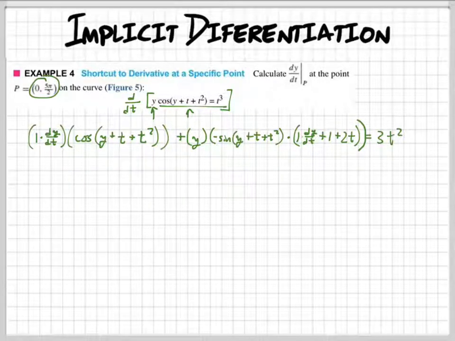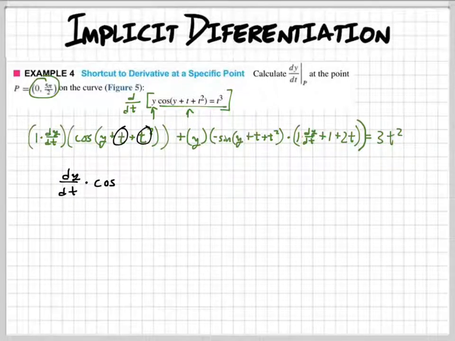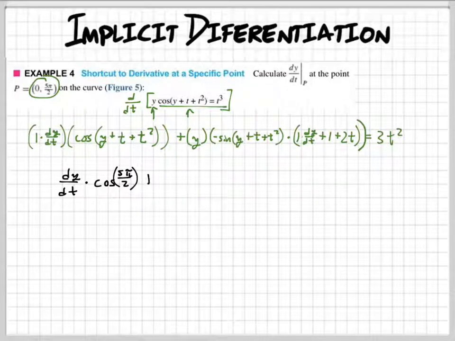So let's rewrite it all. We have dy over dt times cosine of, okay, what do we get inside here? If this is 0 and this is 0, then I just have cosine of 5 pi over 2. I'm going to add to that the y. What is y again? 5 pi over 2. And that's multiplying, let's do parentheses here, what do we get right here?